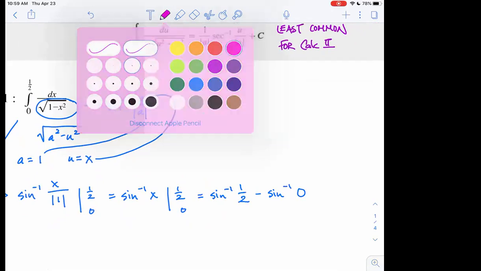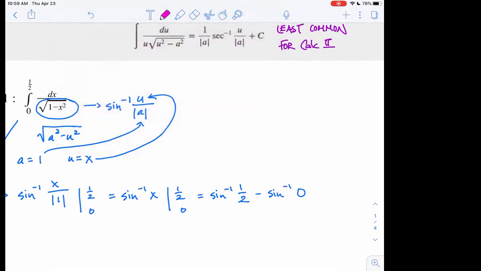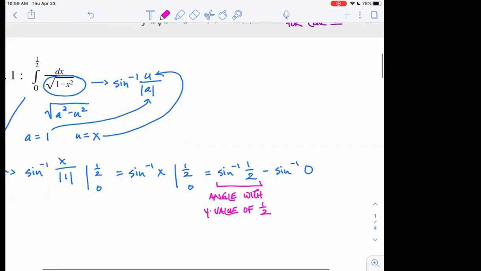So this is a good chance to review what an arc sine means, but this part means find an angle with a y value of 1/2, okay?